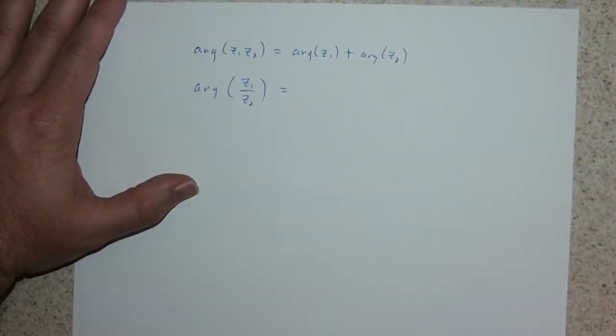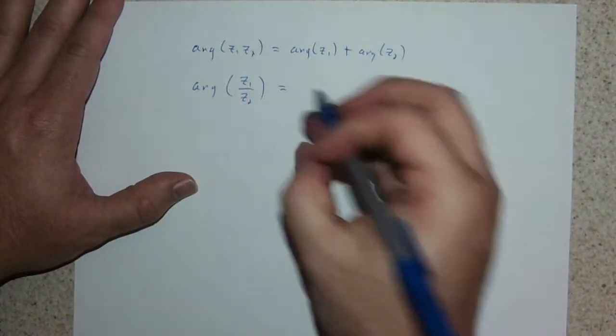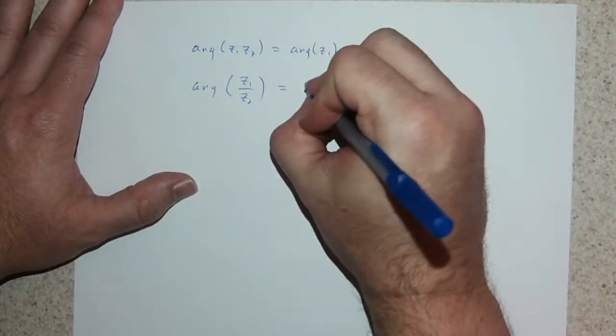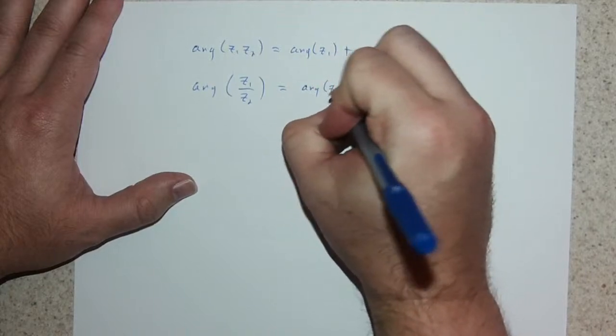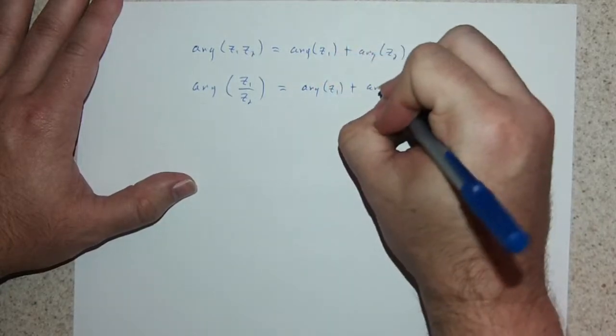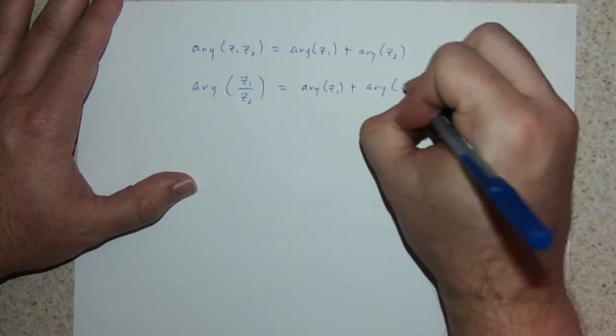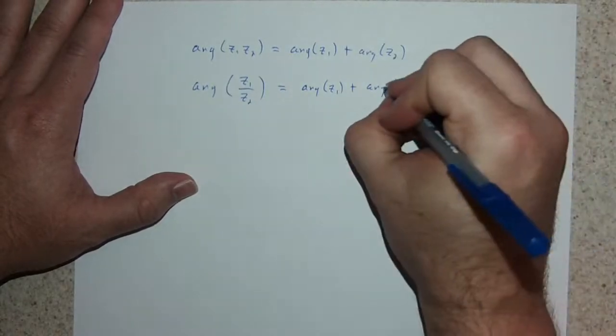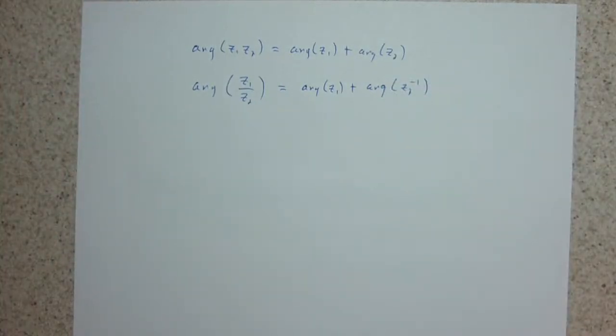Well, treating this using the product form, this is arg z1 plus arg of z2 inverse. But how do I invert something in exponential form?